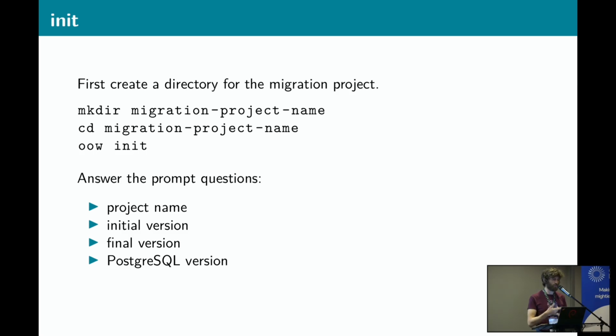It will ask you the project name, the initial version you will start from, the final version you will reach when it's done, and also your PostgreSQL version. Don't forget that your PostgreSQL version should be equal to or lower than your production one. If not, restoring your backup in production will fail.